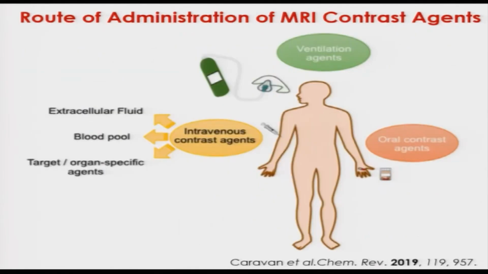So, this is the route of administration of MRI contrast agent. In a pictorial way it has been shown. So, intravenous contrast agent will be injected. You can also have the oral contrast agent. It will go to the blood, it will be circulated throughout the body.